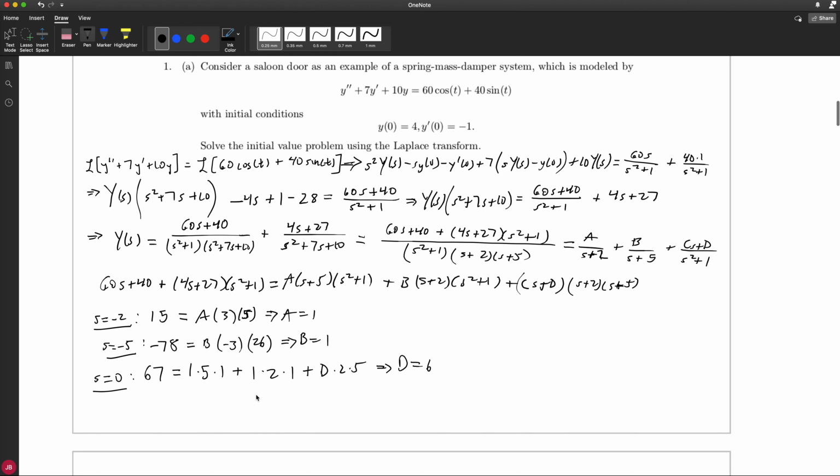Okay, and you'll notice that I could plug in any other number that I want. So I'll choose s equals 1. On the left-hand side, I get 162.